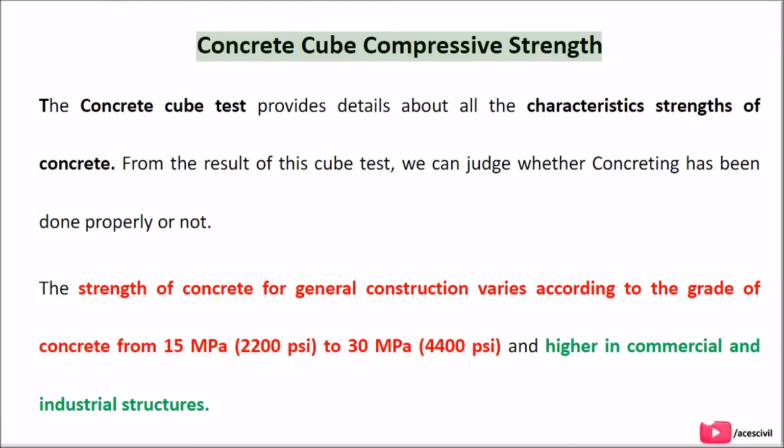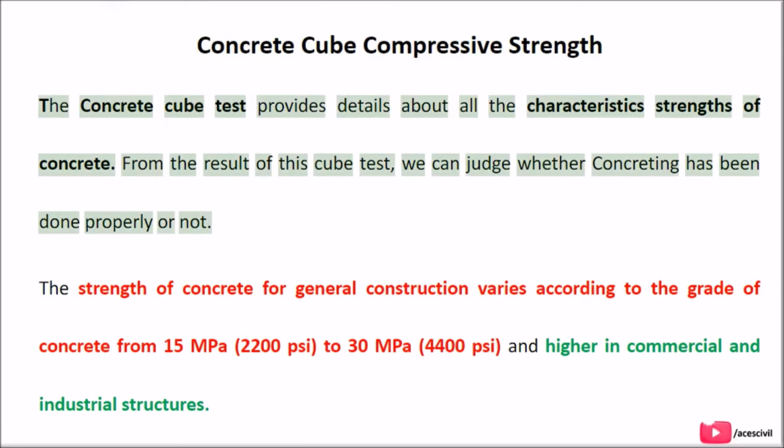Concrete cube compressive strength. The concrete cube test provides details about all the characteristic strengths of concrete. From the result of this cube test, we can judge whether concreting has been done properly or not.